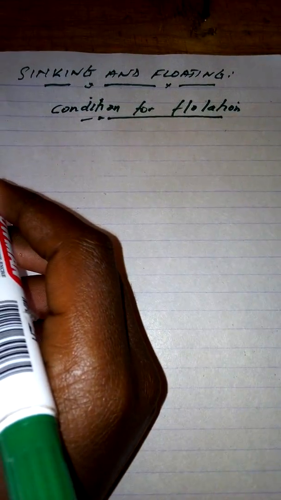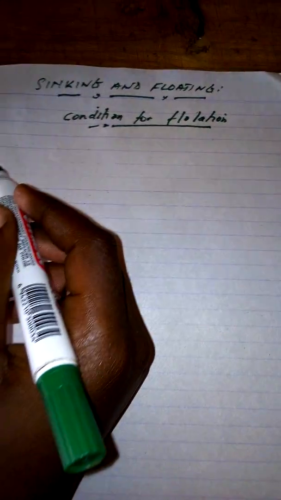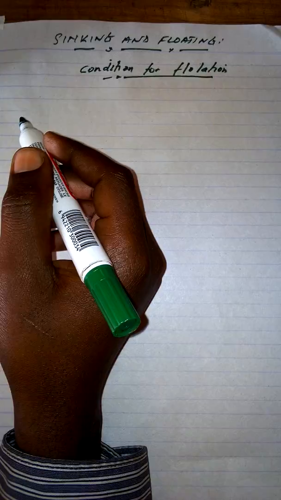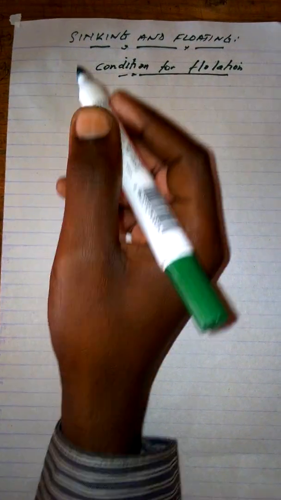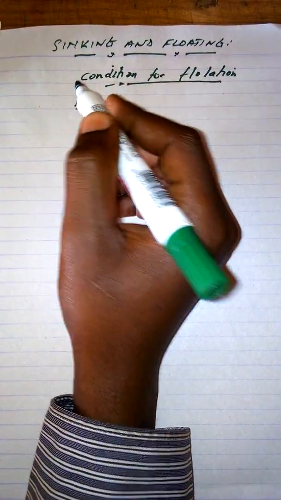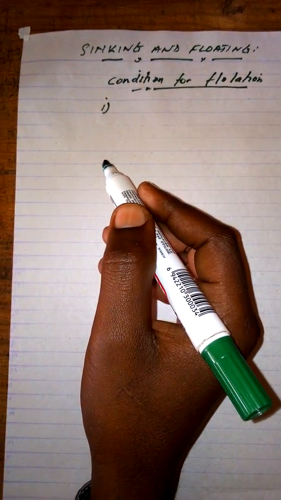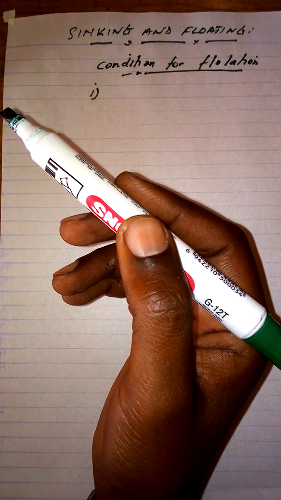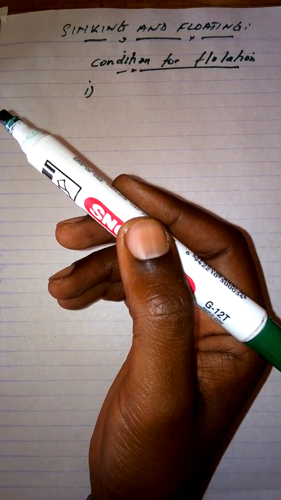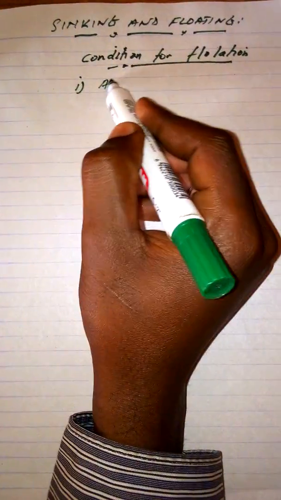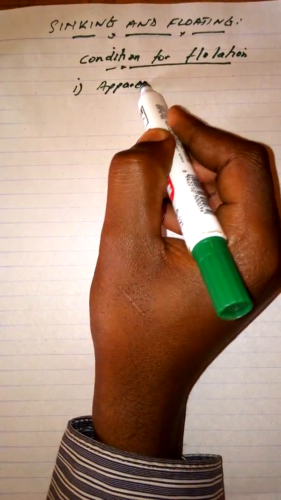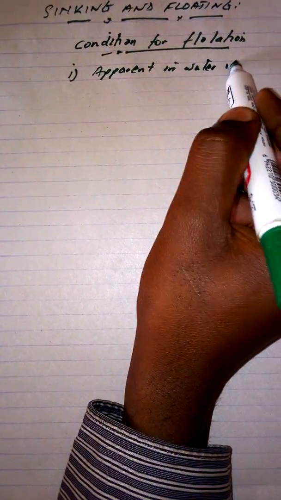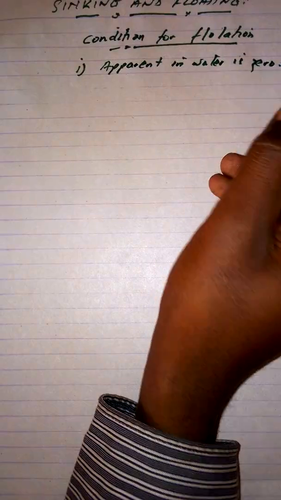Of course, there are different things that make an object float. The first thing is that the apparent weight of that body must be zero, because the weight in water must be zero, otherwise it will sink. So the apparent weight of that object when it is in water should be zero. This is the first condition.